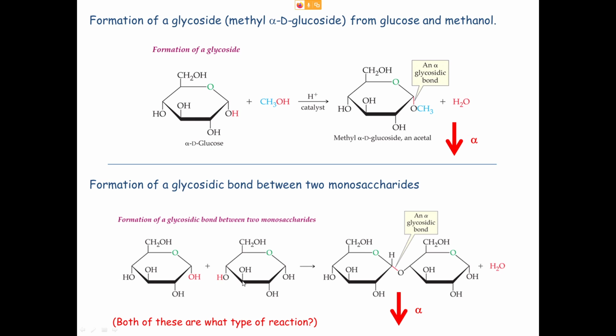Carbon number 3 is up, so it's to the left. Carbon number 4 is down, so it's to the right. And then carbon number 1 happened to be down again, so we'll call it alpha. That's not relevant to this reaction, but it could have been up or down. We'll ignore that for a minute. On the left here, this one happens to be down. We'll call that one alpha as well. This one could have been either case, and this one could have been either case. This is just the example I'm using.